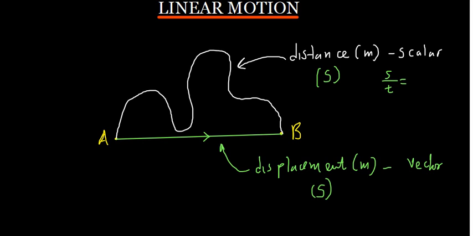Now for speed, we will not use S, we use V. Same if you say displacement over time, you simply find velocity. Here you are talking of speed because you are using distance. Here you are talking about velocity because you are using displacement. Otherwise, you can use them interchangeably. Distance and speed, you are going to be able to use them interchangeably.